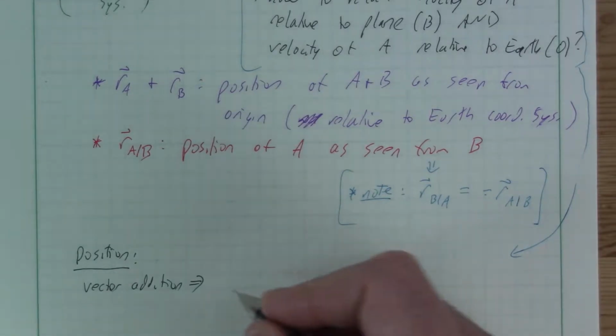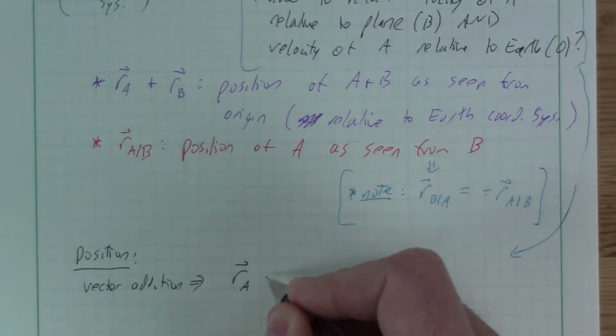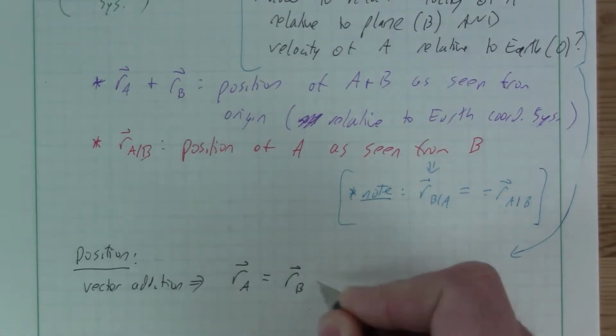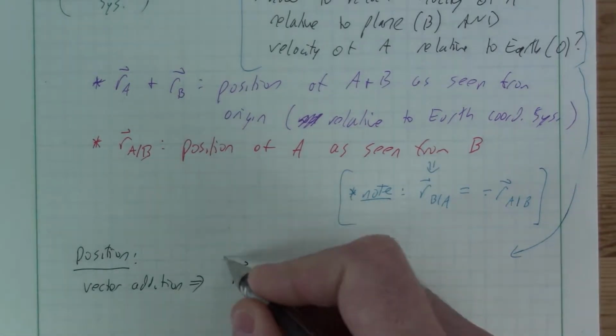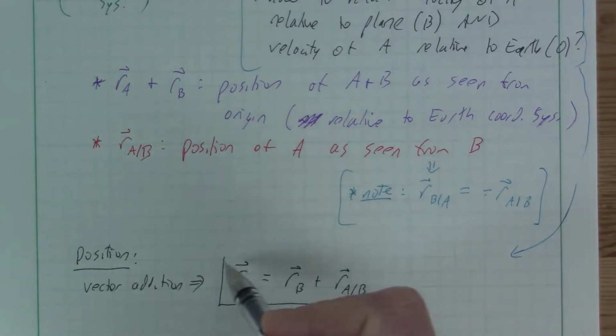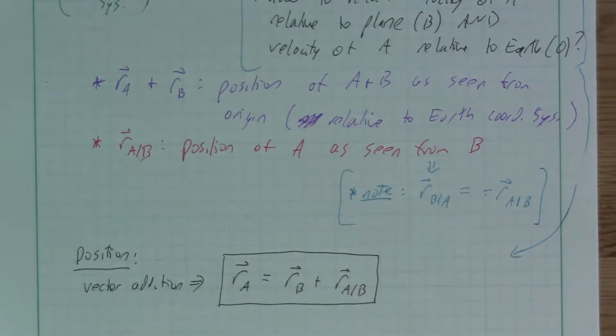So through vector addition, RA is the same as go to RB, and then from that point in that other reference frame, add on the relative motion. So this is our relative motion, right? And so that's it, right? And the other things fall out pretty naturally.